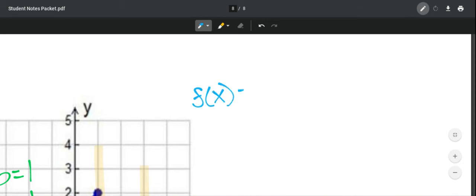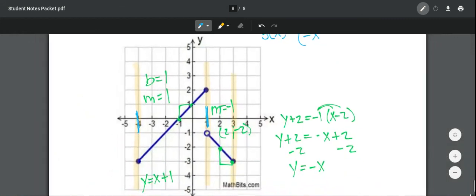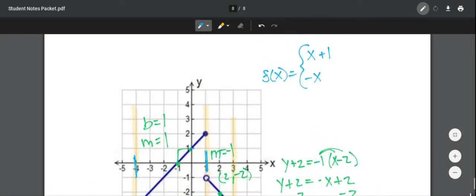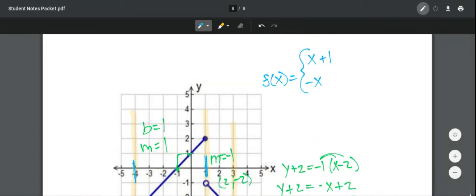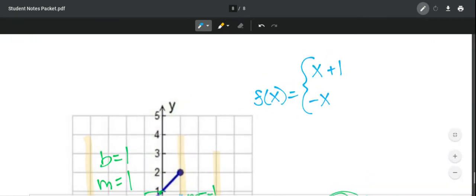So this is x plus 1 and -x. Just want to double check. Yep. Okay. So now I went from -4 to 1. So -4, then x, then 1. And this is just how we wrote our domains in last chapter. So we start with our smallest, then an x, then our biggest number.